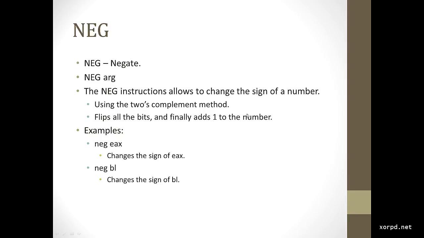Of course, because EAX is of size 32 bits, neg EAX is going to invoke the two's complement in 32 bits. Another example is neg BL. In this example, we change the sign of BL. Note that because BL is of size 8 bits, the two's complement is going to assume lengths of 8 bits.